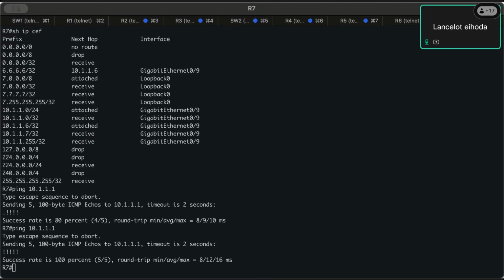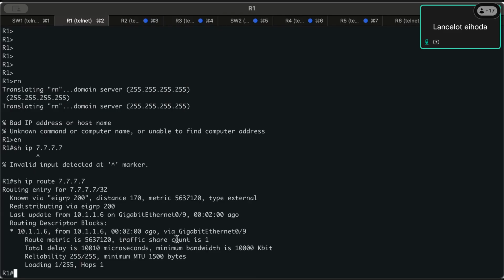So we are supposed to play with some filtering, but let's go back to router 1. If you notice, the question says they want router 2 and router 1 to go there. Let's go to router 2 and check.